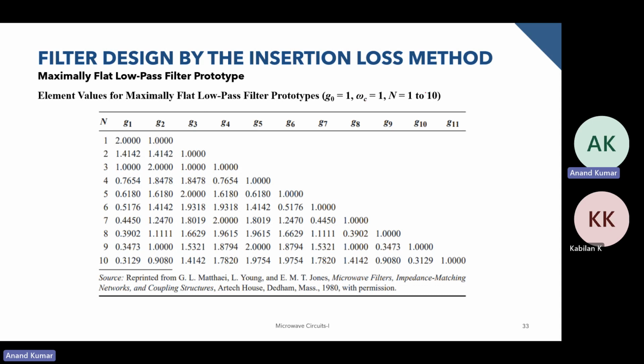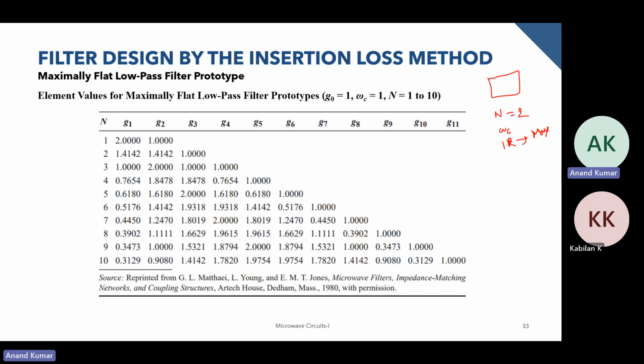If we are trying to design a filter, we should know the order of the filter, the cutoff frequency, and the insertion loss. Based on the insertion loss, we decide which kind of filter we are trying to use. For example, if we are choosing maximally flat, we'll refer to this table, which is there in Pozar.